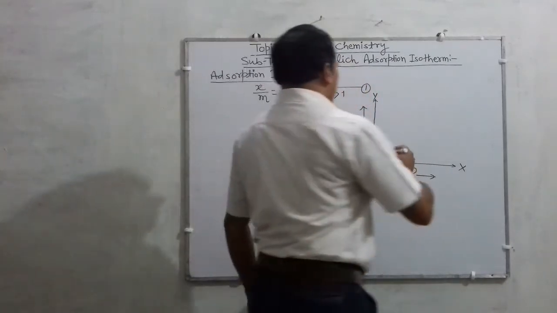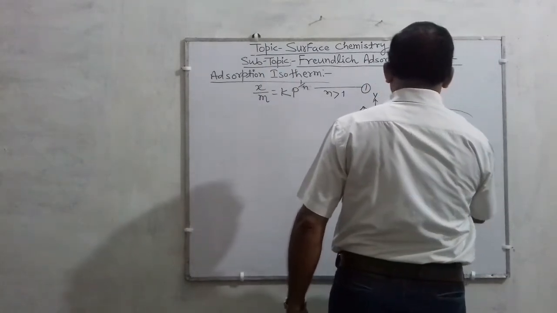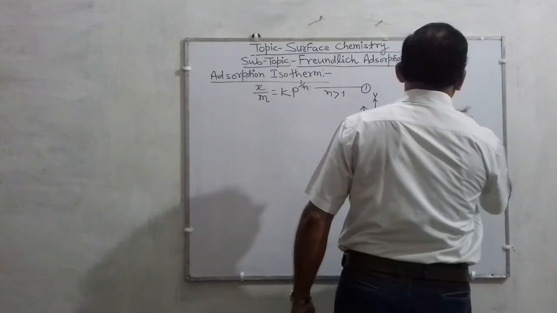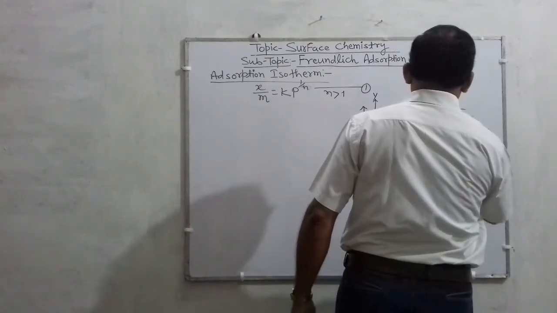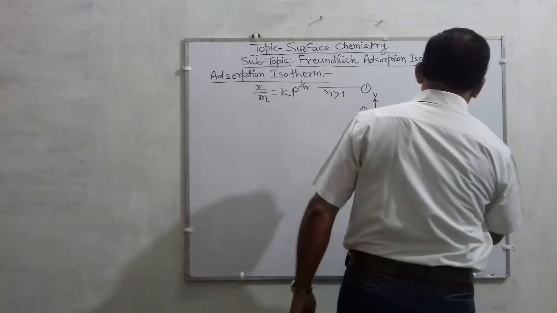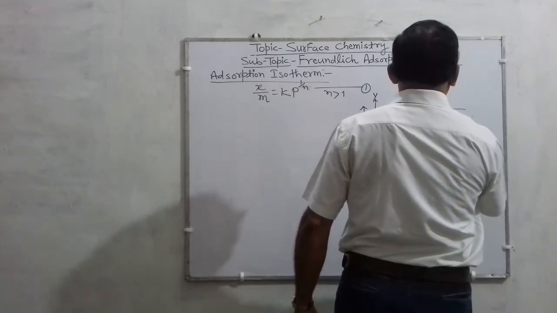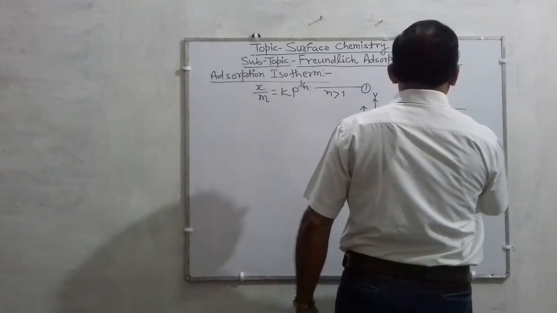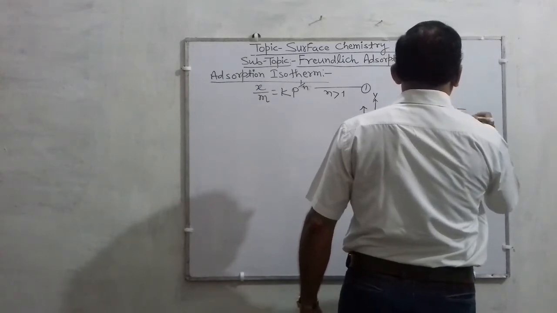Then such a type of curve is obtained. Suppose this is 273 Kelvin. Suppose this is 244 Kelvin. Suppose this is 195 Kelvin. These are the temperatures.